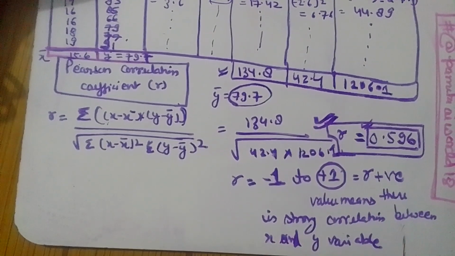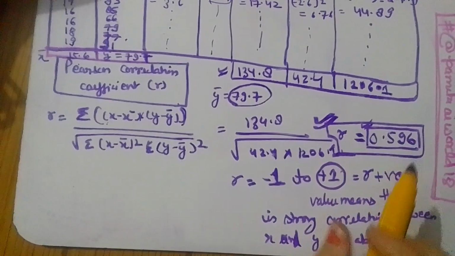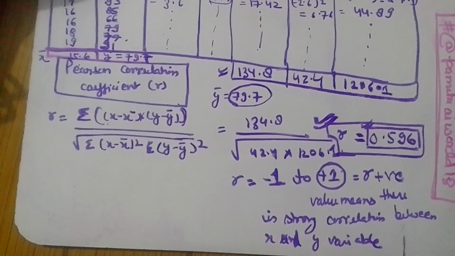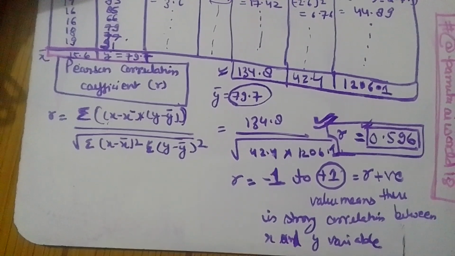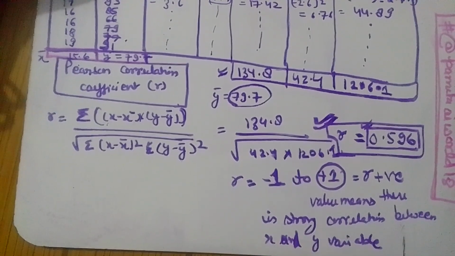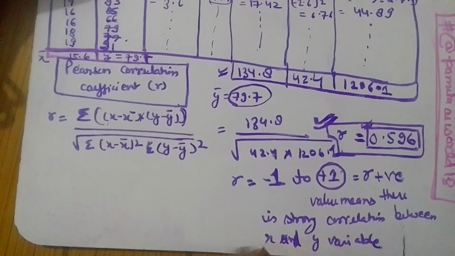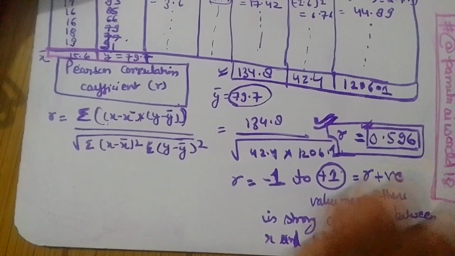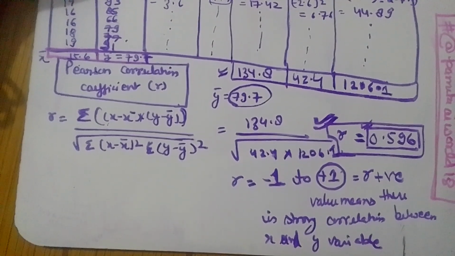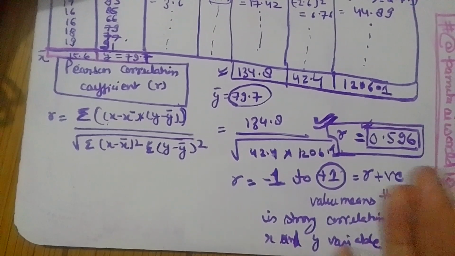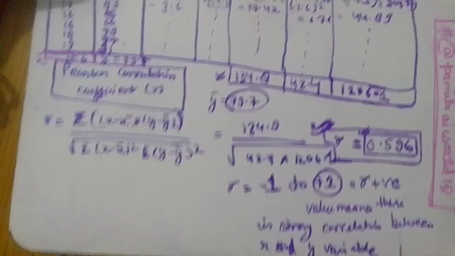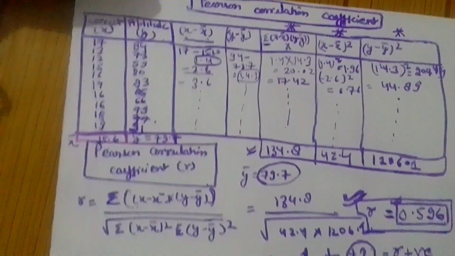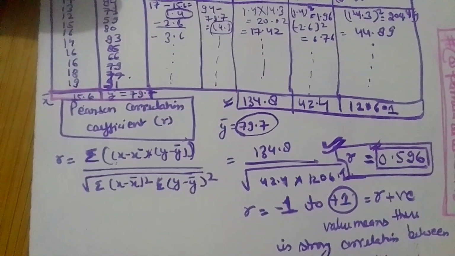Even when we build the AI model, our main focus would be r, so that we can calculate the correlation between variables. What is the relationship between the two variables, whether they are correlated or not. If they are correlated, we will put that variable in our data sets. If they are not, we will reject that data from the data sets of the AI model. So this is the idea behind Pearson correlation coefficient in artificial intelligence.